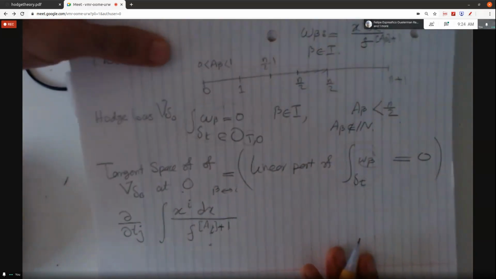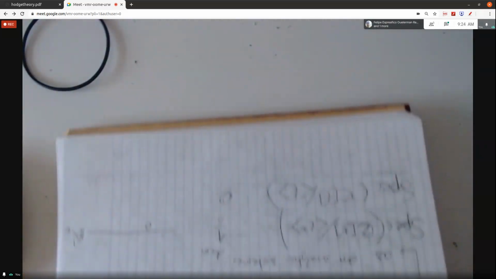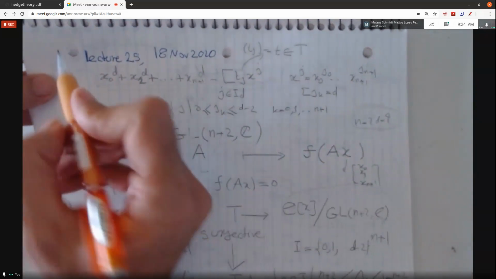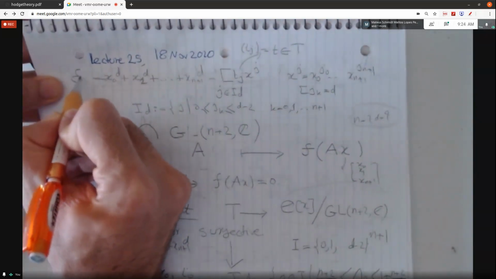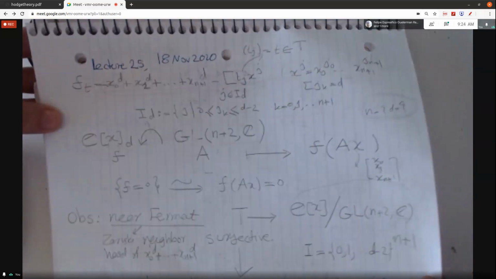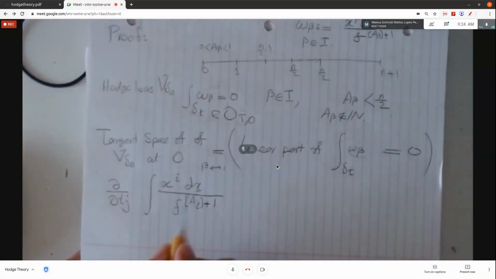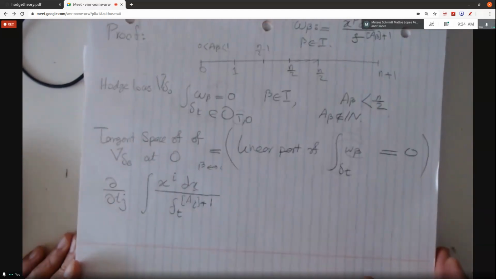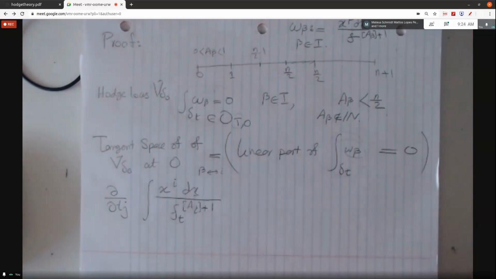You remember, these are our Tj. I call it f at t. So f at t, these Tj's are here, and at the end of the day, this is f at t. This is something which depends on t. Okay, so let's go. A basic formula from calculus.